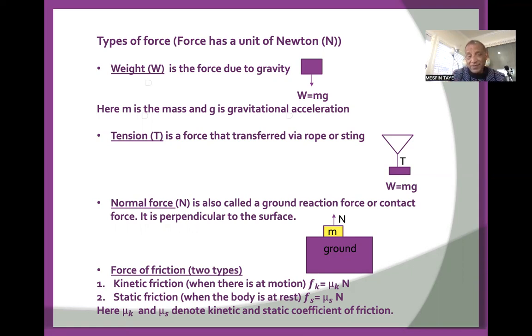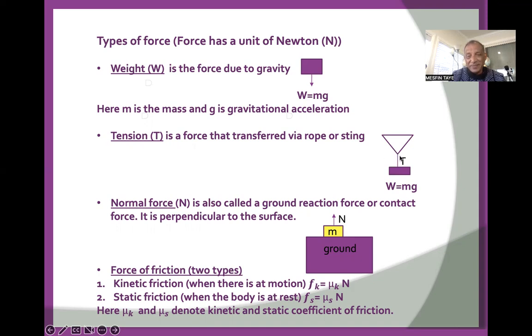There is another type of force, which is tension. A tension is a force that is transmitted via rope or string. So if you hang an object, for example this mass, the weight is mass times gravity, and it's downward. But because of the string or the rope, there's going to be a tension here, also here and here, because this is rope, and this is rope.